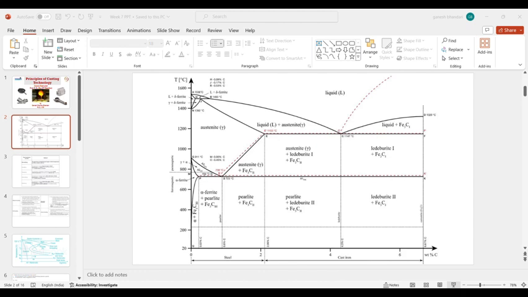In tempering, we provide the heat treatment process again to our sample, but this time lower than the critical temperature.